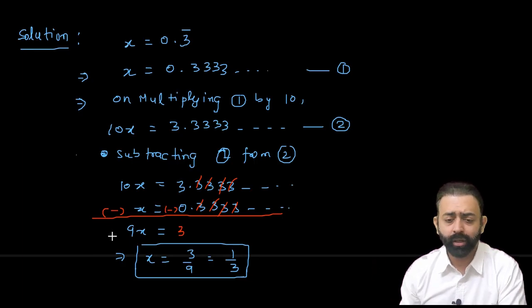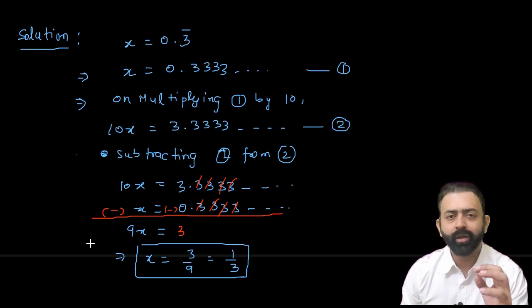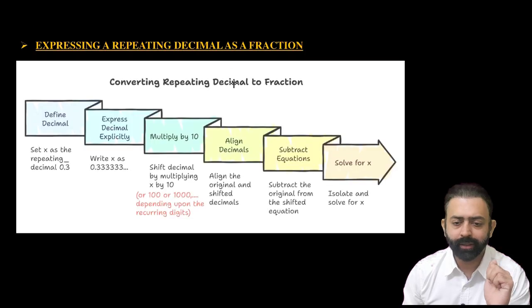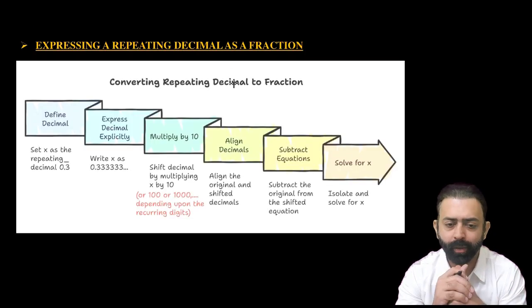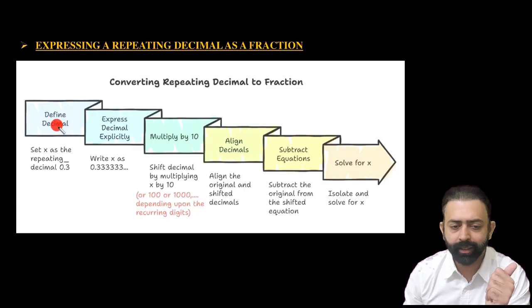Before doing some more questions, if you want to note down these steps to follow in order to convert the given recurring decimal into a rational number, you can follow this mind map. Okay. So it says converting repeating decimal to a fraction. As you can see, the first part is you need to define the decimal. So you set x as a repeating decimal, which is 0.3 bar. Then express decimal explicitly, right?